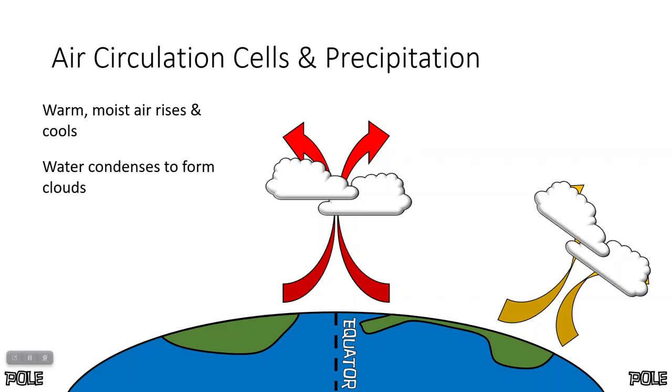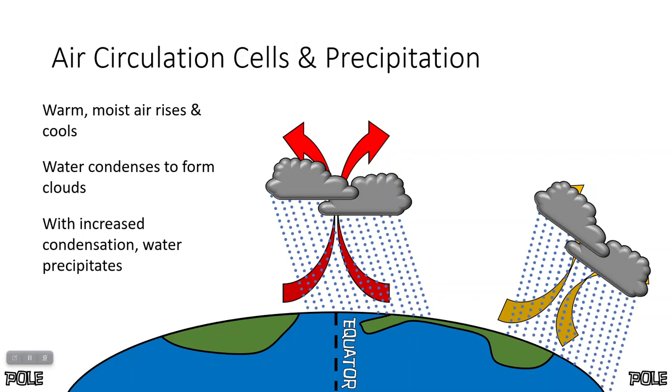As that warm, moist air rises, it cools, and the water starts to condense and form clouds. Eventually, when enough water condenses, you have precipitation, and then you're going to have rain systems. So these areas around the equator and in the mid latitudes tend to have the most precipitation. That's where you're going to find those biomes where you get a lot of water, a lot of rain.